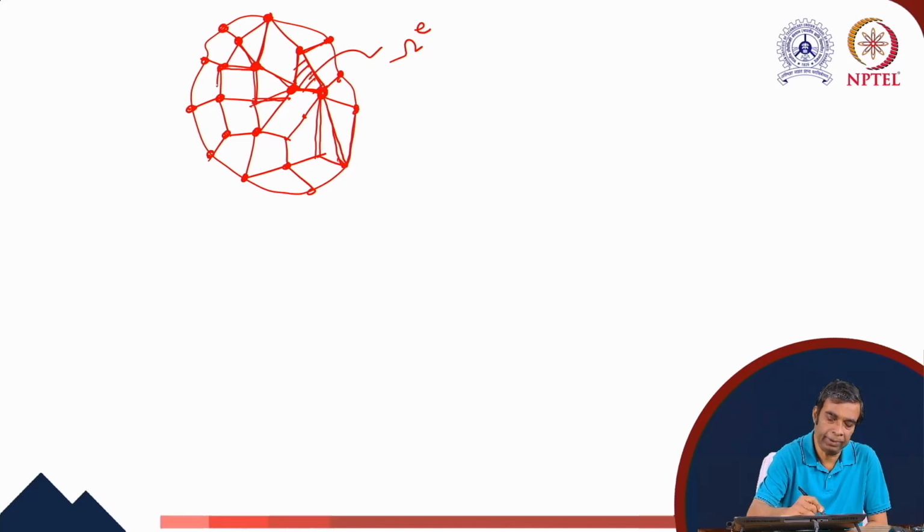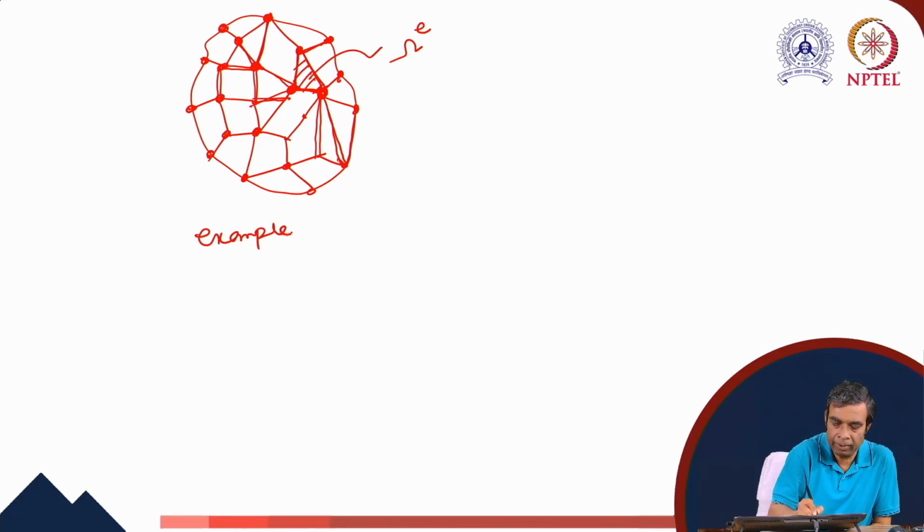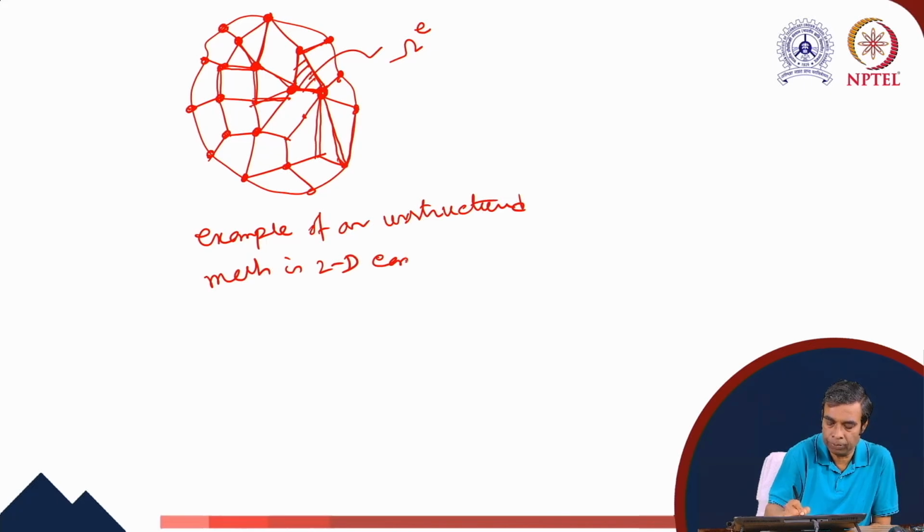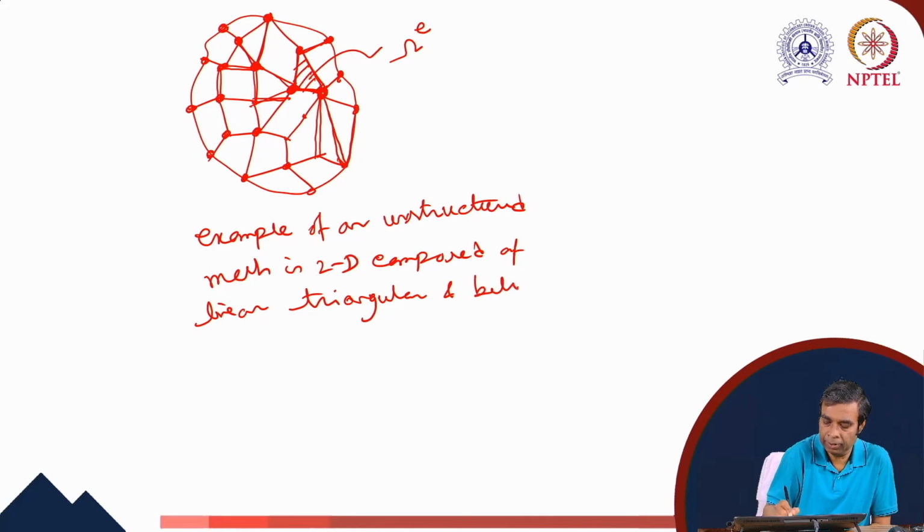We cannot identify individual families of grid lines. So this is an example of an unstructured mesh in 2 dimensions composed of linear triangular and bilinear quadrilateral elements.